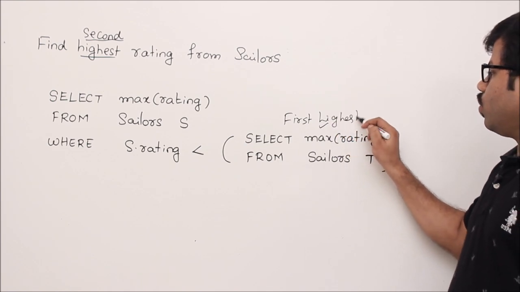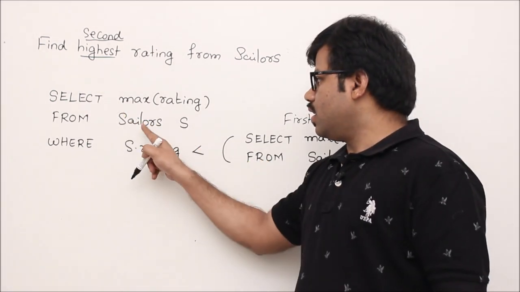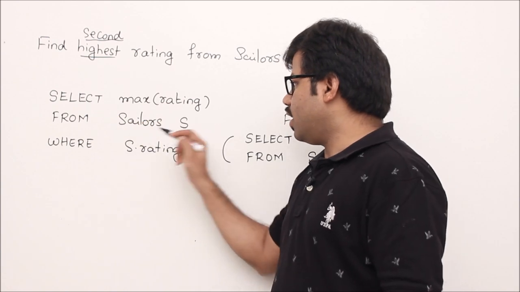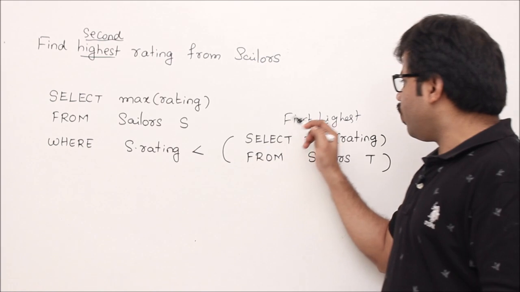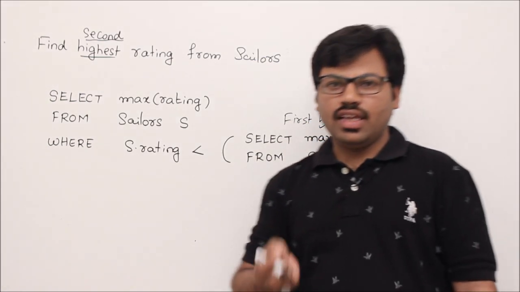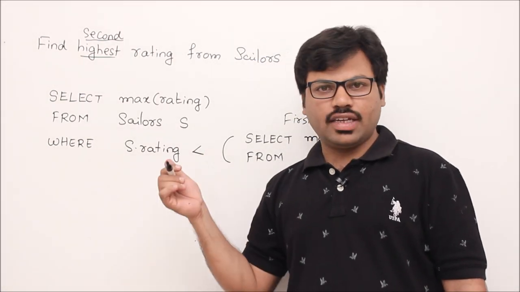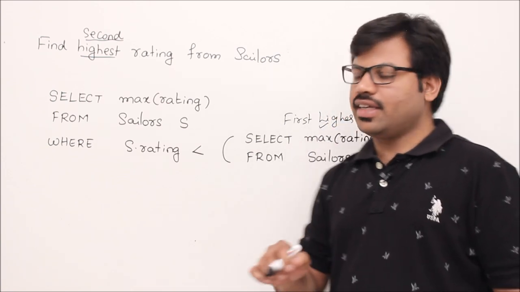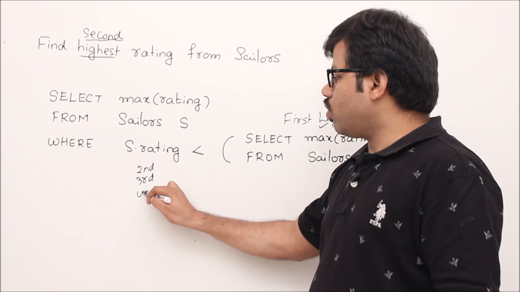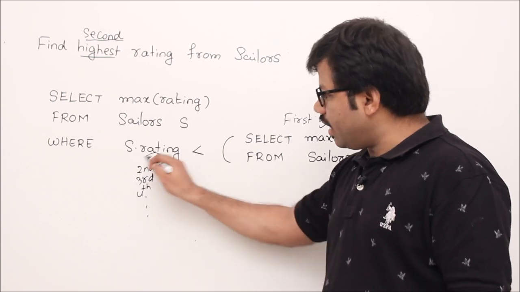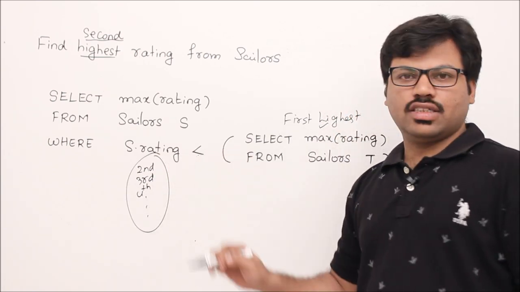Now in the outer query we take every sailor. If that sailor's rating is less than the first highest, then it will be either the second highest, third highest, fourth highest, and so on. Only those ratings will satisfy this condition.